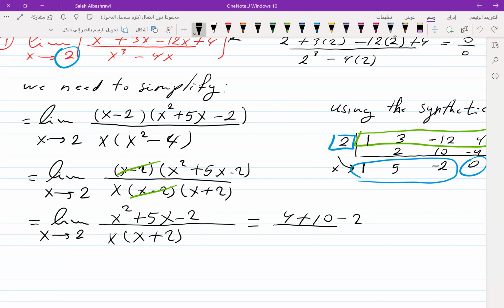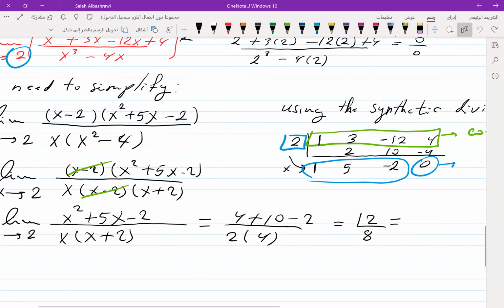Just replace x by 2: 2 to the power 2 is equal to 4, 5 times 2 is equal to 10, minus 2, divided by 2 multiplied by 4, which is equal to 8. So this will be 14 minus 2, which is 12 over 8, or just to simplify, divided by 4, I will have 3 over 2. So the limit for this function will be 3 over 2.